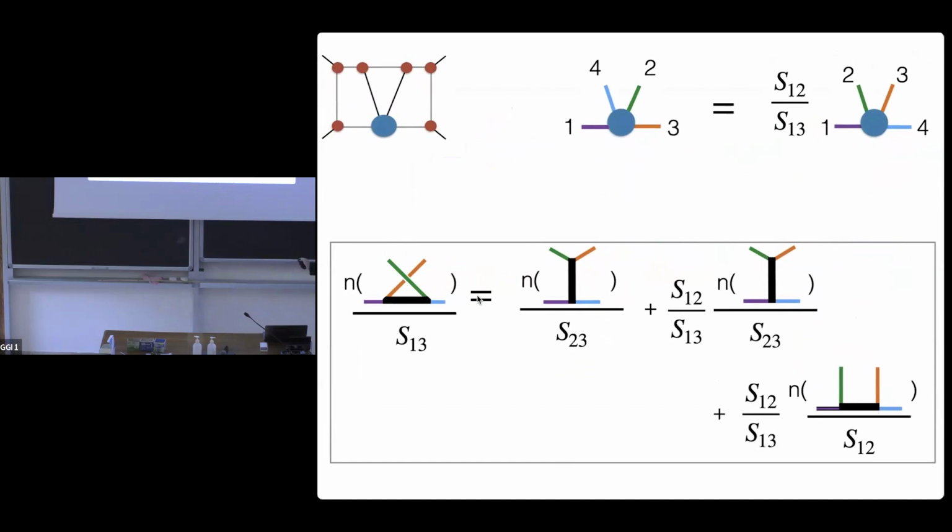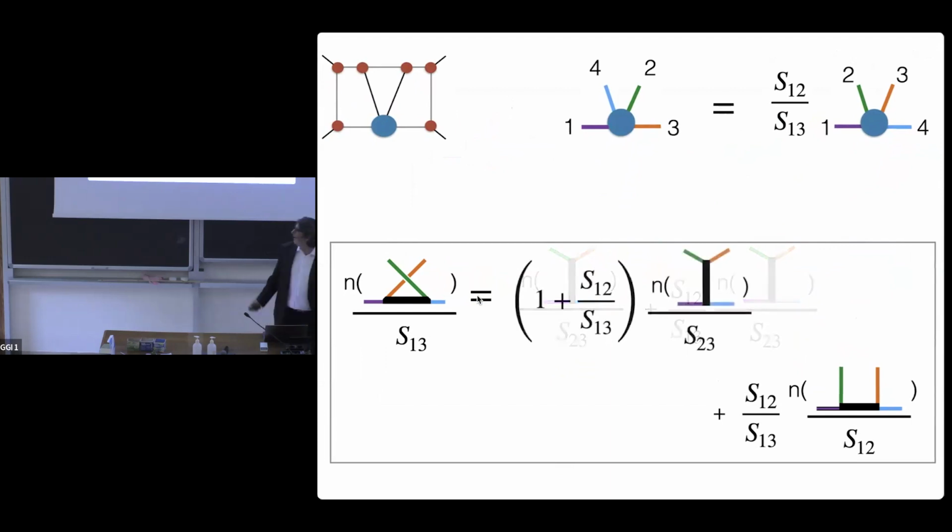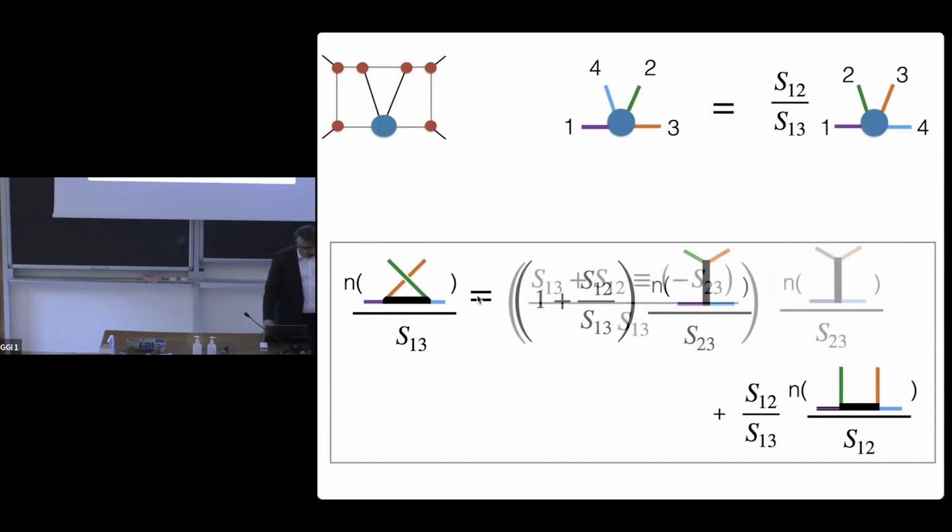We notice that this Mandelstam rational function that's sitting in the field theory relations is just sitting there to eat up this propagator and to give the right type of propagator that should be showing up over here. I just collected terms, pulled this guy out, and then we're just adding stuff together.